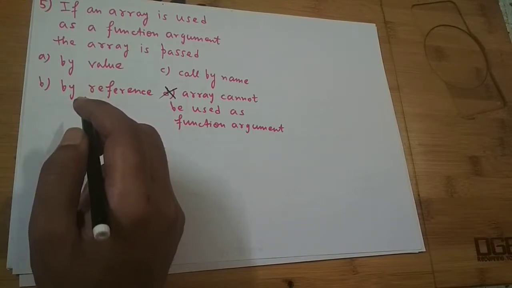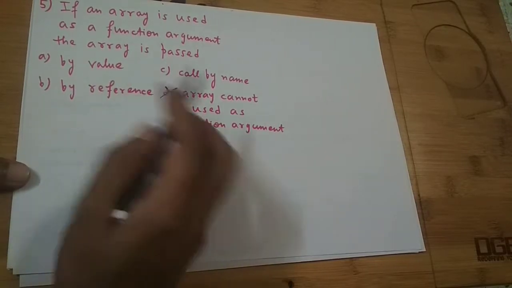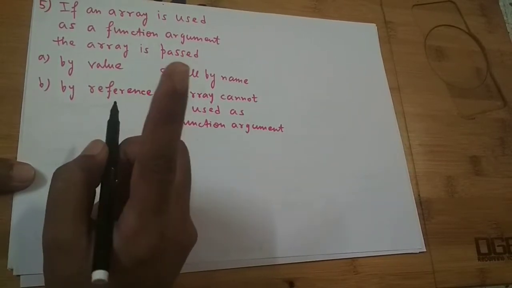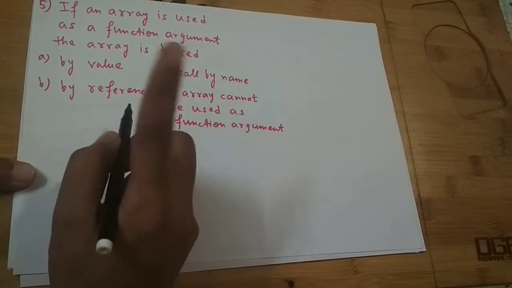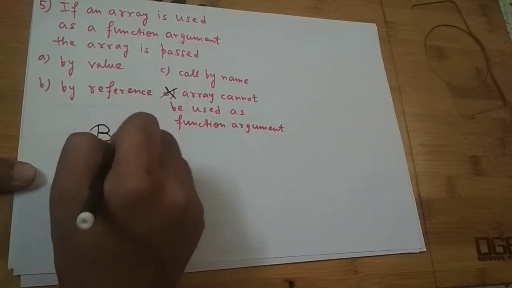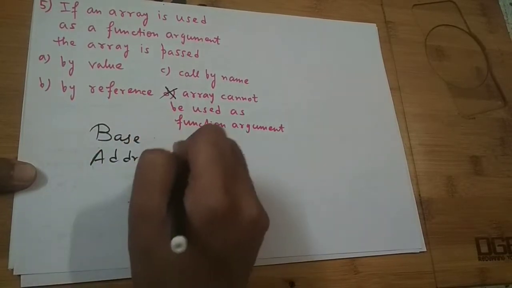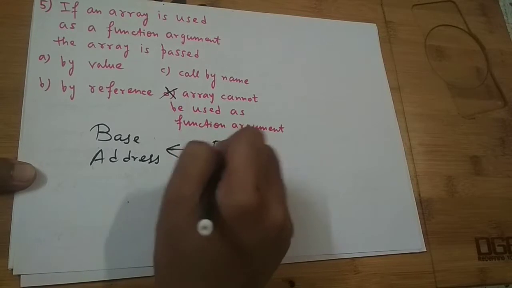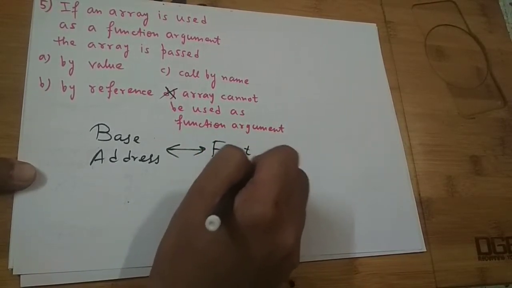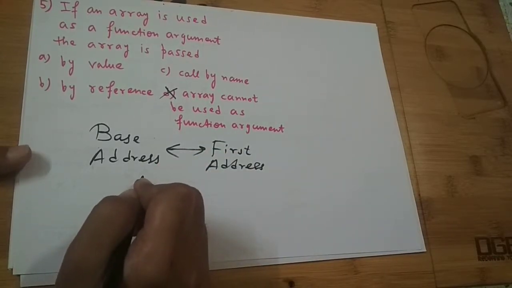Because if I have to pass an array by value, then I have to pass each of the variables which make up my array. Now that becomes very inconvenient. Instead, if I pass the first address of the array, which is also called the base address, as a function argument, then what will happen?